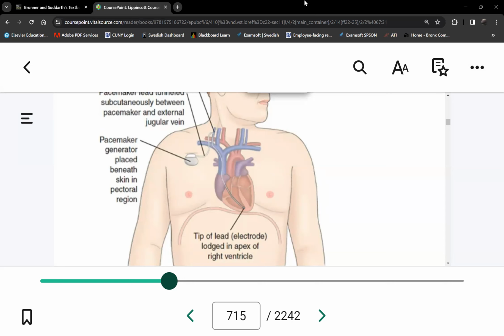Because what will happen if the patient has a blood infection and then you put in a permanent pacemaker? What will happen to that permanent pacemaker? It'll get infected. It will work, but it will get infected because the bacteria will turn it into a mansion. Okay, so the bacteria will grow on the permanent pacemaker because it's a foreign object.